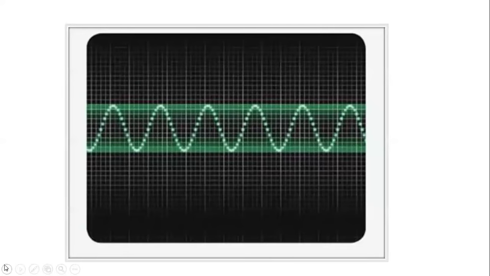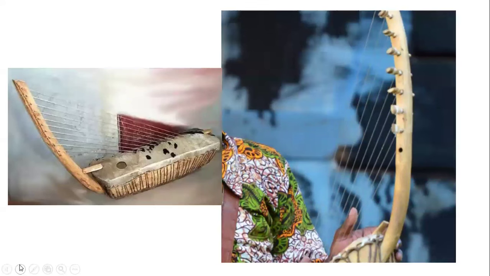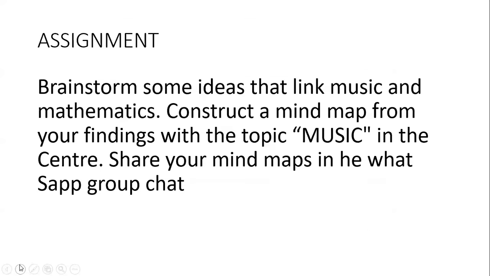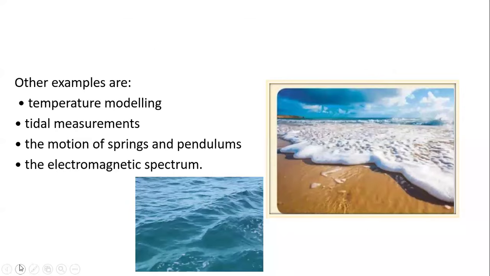This particular instrument is called adungu. So when someone plays adungu, the mathematics behind it is here. There is even some physics here because you can see the troughs and the crests. So this is the mathematics we are going to focus on whenever we are looking at trigonometry. So where are the applications of these trigonometric functions?